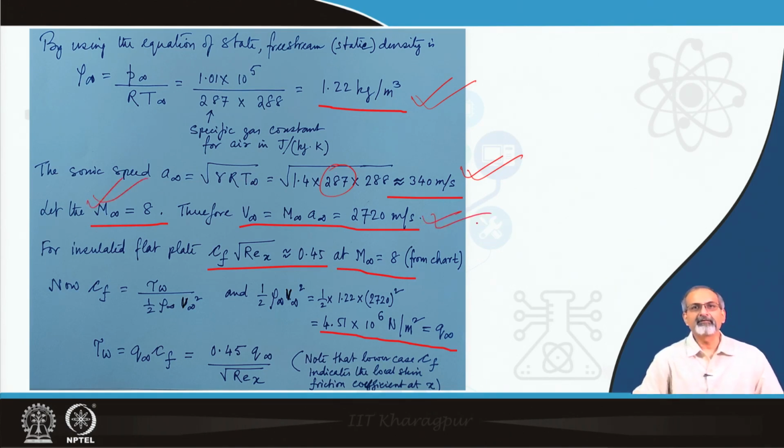Based on the a infinity that we calculated, we got the V infinity, and then we read the tables from which we found that CF root Re x for Mach number 8 is 0.45, and thereby we came up with this relation for wall shear stress. Further, we found the value of q infinity, the free stream dynamic pressure.